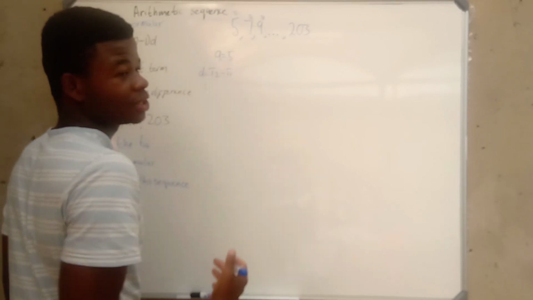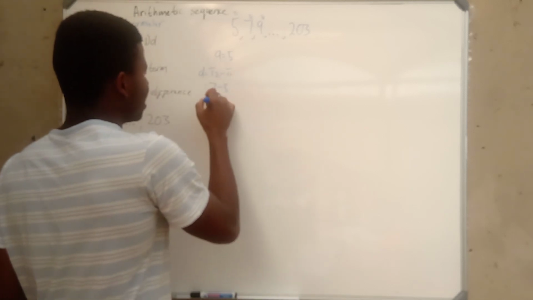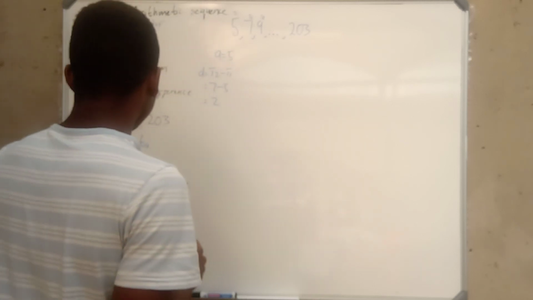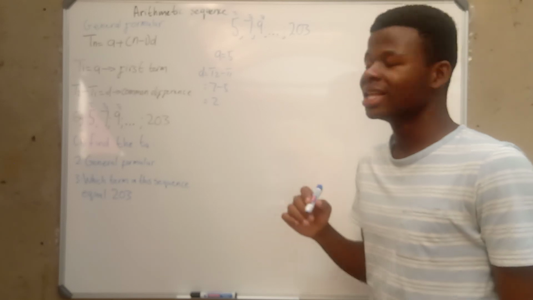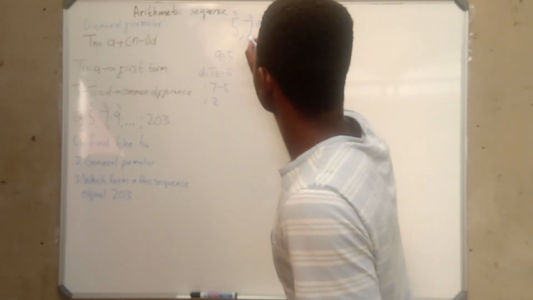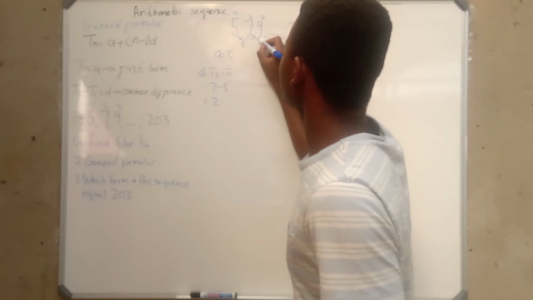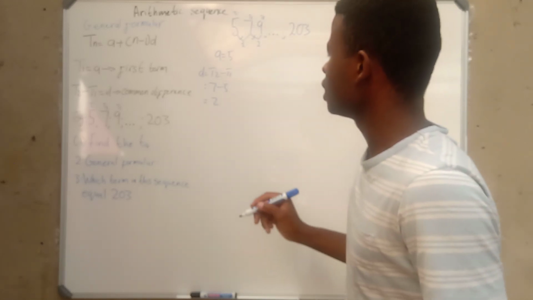Then you just substitute: 7 minus 5. 7 minus 5 is going to give us 2. So now we have found our common difference. I can also say 9 minus 7 is 2.